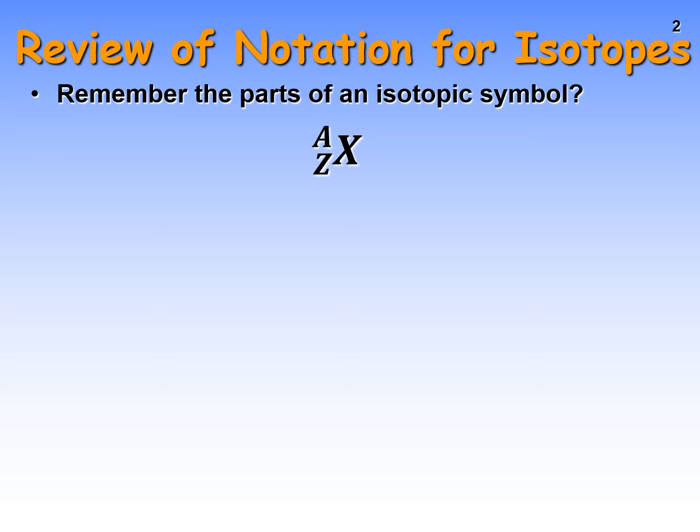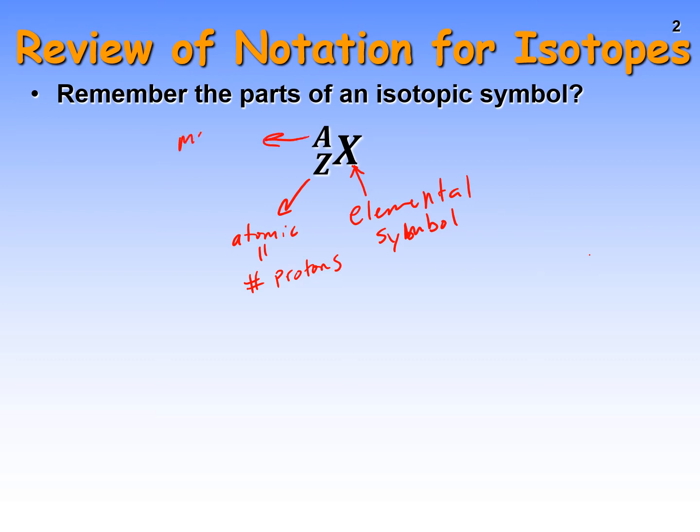So this is the general schematic for an atomic symbol, where X is our elemental symbol. Z is the atomic number, and if you don't remember that, that is also equal to the number of protons. And A here is our mass number.